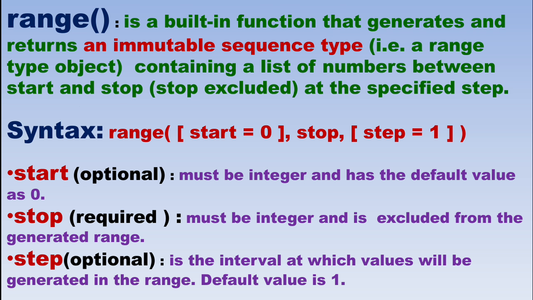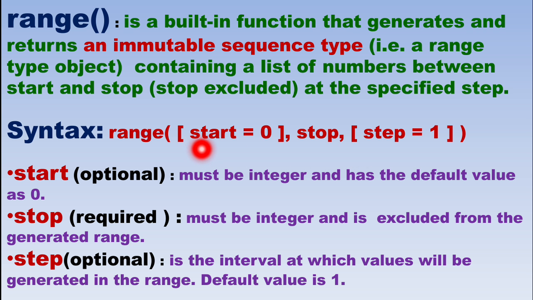Out of these three arguments, start and step are optional and they have their default values. So if you don't specify their value, they are going to work with their default values, and if you specify their values, then they work according to the values that you have provided. So stop is mandatory. You have to specify this argument. You can skip start and step.